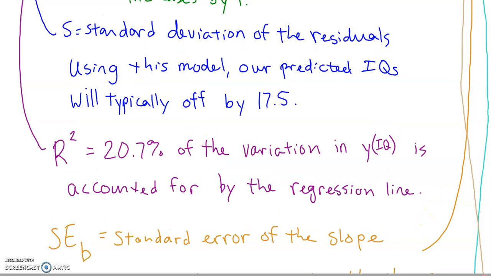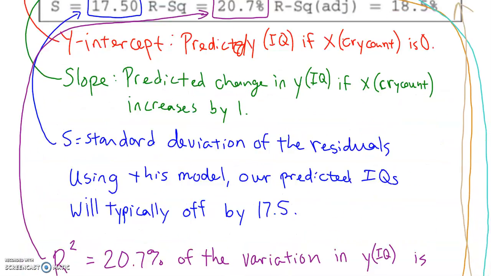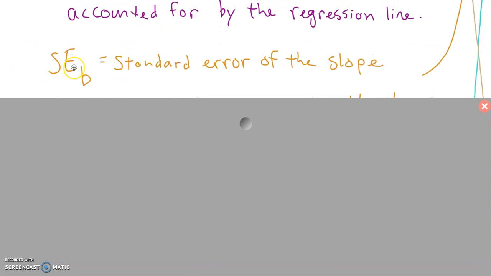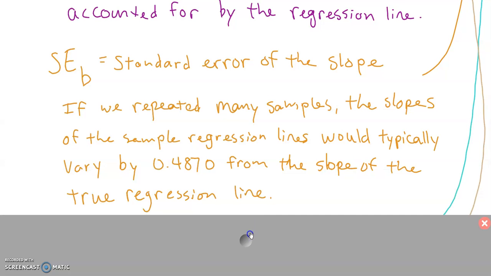Next up is this number right here. That is the SE sub b. That is the standard error of the slope. What that number means is if we repeated many samples from a population, the slopes of the sample regression lines would typically vary by 0.4870 from the slope of the true regression line of the population.